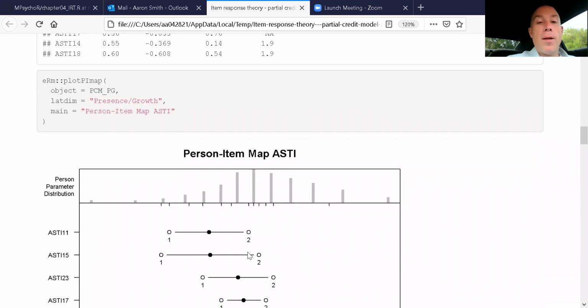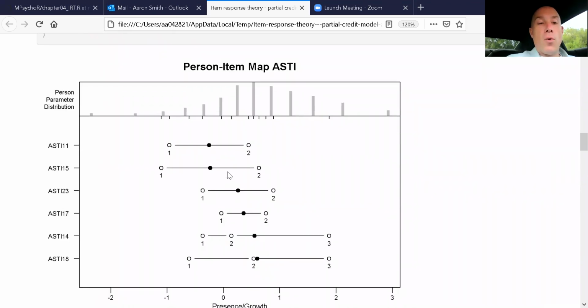Now let's go ahead and plot it to get a feel of what's going on. So here are the questions. On item 11, I'm just going to approximate this: if their latent variable is less than -1, then we expect them to get a 0 on item 11. If it's between, let's say, -1 and 0.5, in terms of modeling, they're most likely to have a level 1 for item 11.